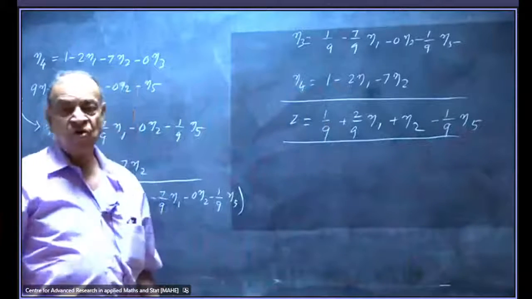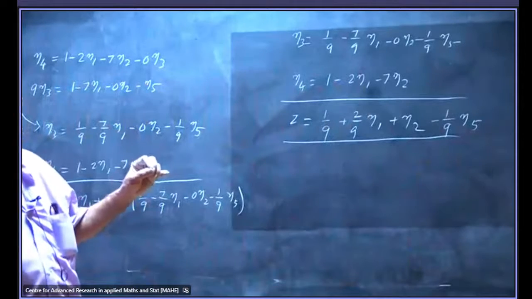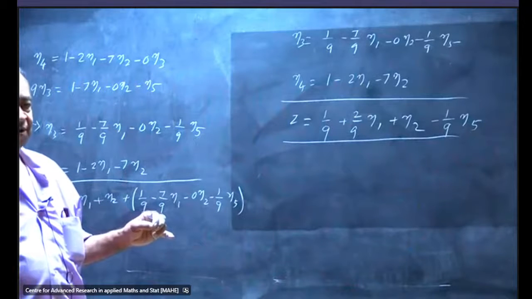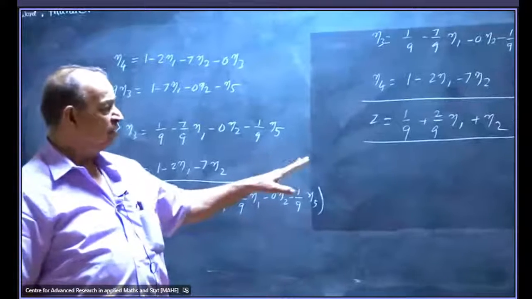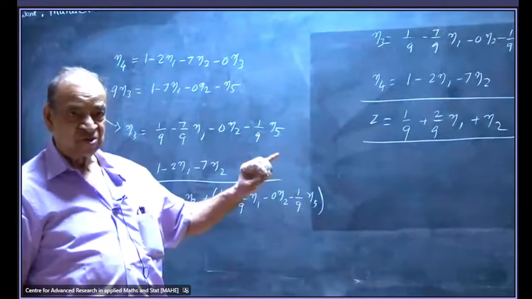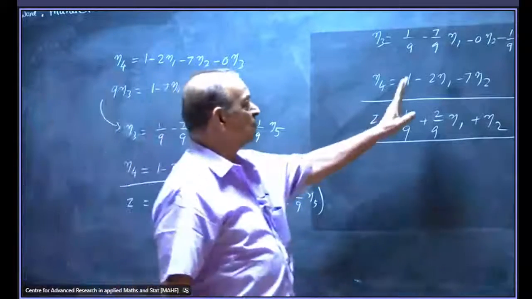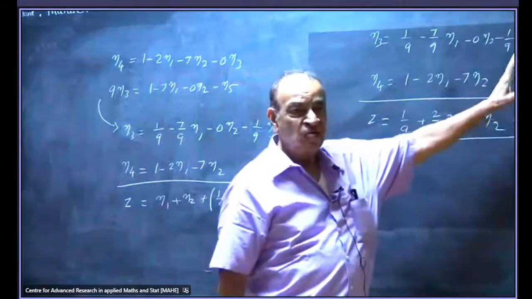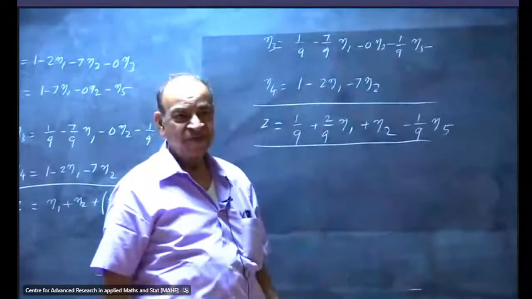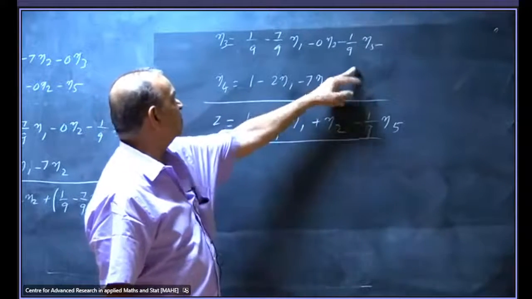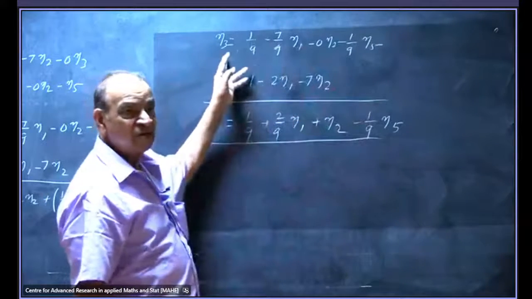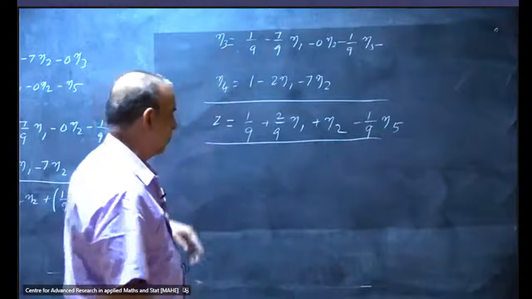Okay. So what is the new solution? Can you find it? Always the easiest way to find the new solution is, whatever the variables to the right are, you make all of them 0. So when I put eta 1 0, eta 2 0, eta 5 0, I get eta 3 as 1 over 9.